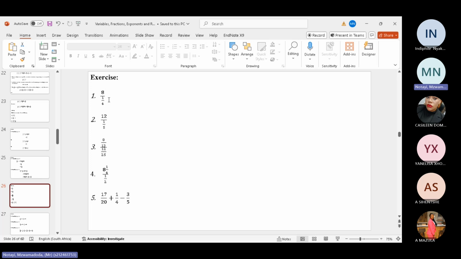Okay, let's not do number 1 and number 2. But can you guys start at number 3? Determine the value of the fractions number 3 up to number 5.